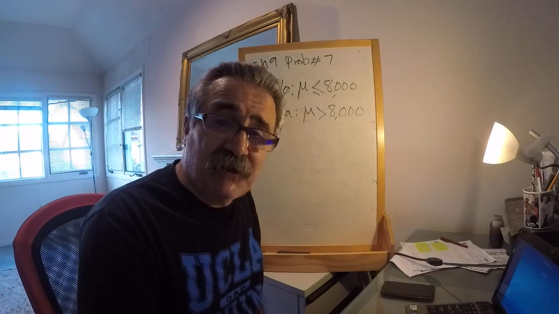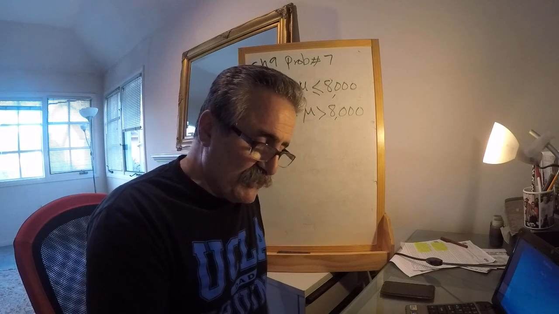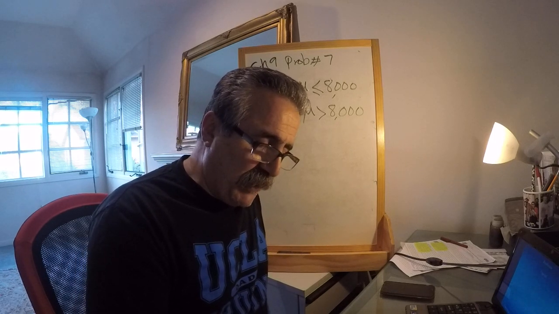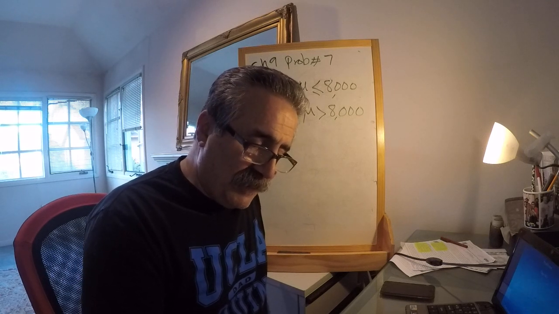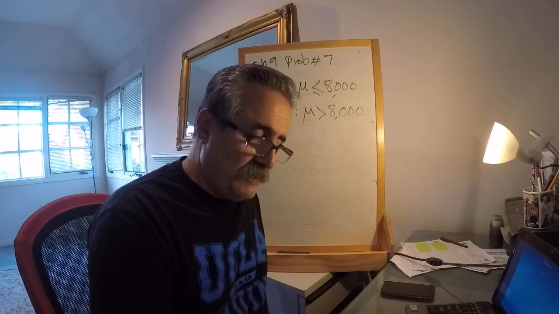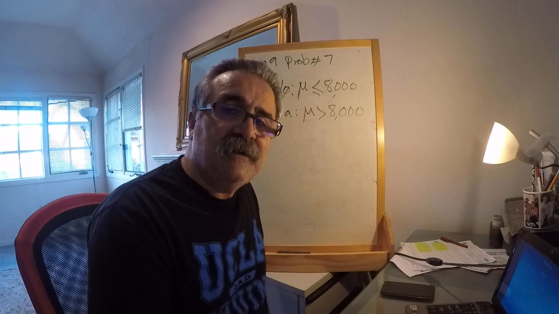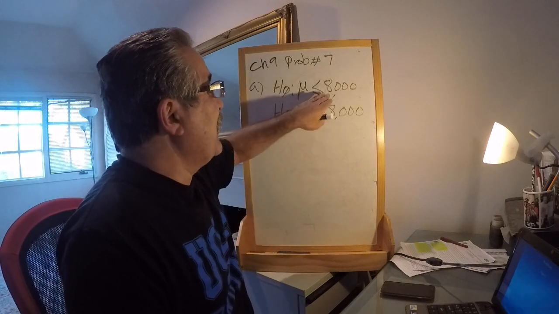Okay, let's just lead a little further. Steve hopes that the result of a trial selling period will enable him to conclude that a compensation plan increases the average sales per salesperson. So we should assume that at the moment it's either 8,000 or less.